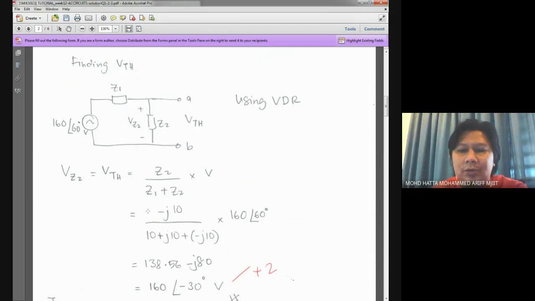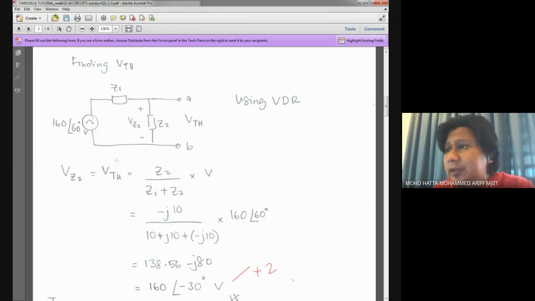In order for us to get the value of VTH, I would really recommend you guys to redraw the circuit to give the examiner more information in your solution.